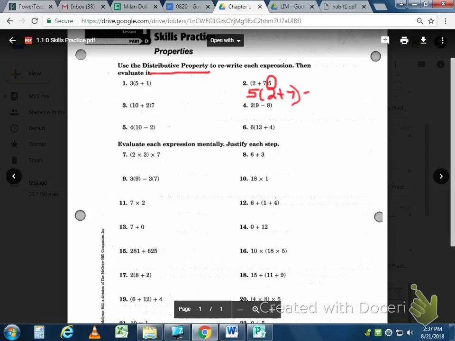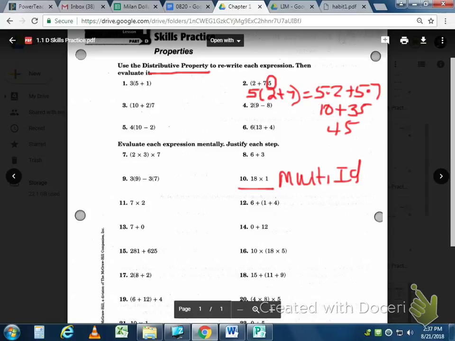And you would go 5 times 2 plus 5 times 7. And you're evaluating, so 10 plus 35 equals 45. All right, the section at the bottom where you evaluate mentally and justify each step, you should tell what properties are involved, just like we said on number 1 like 10, where you're taking 18 times 1. And we know that the answer is 18. Make sure you do multi-ID.